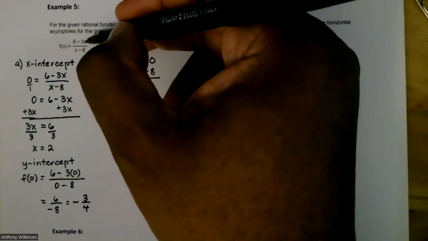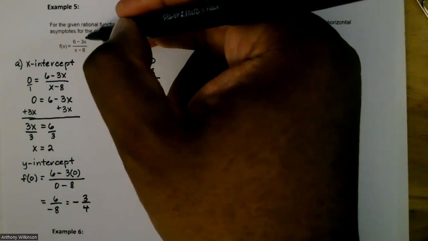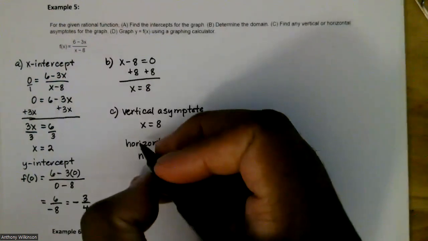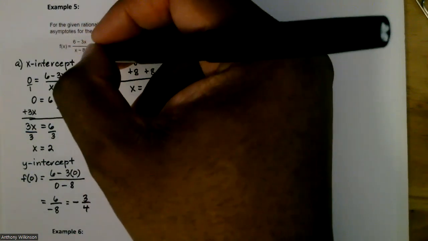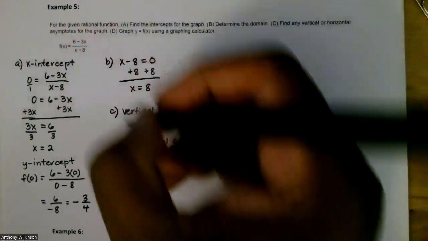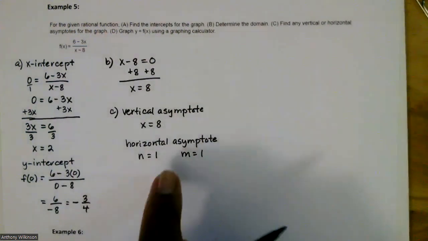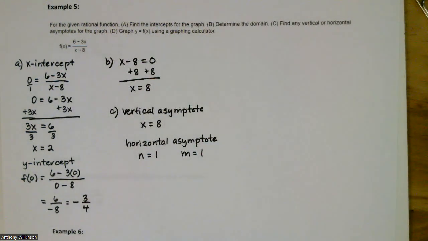The highest exponent in the numerator, here's the x, the highest exponent there is a 1. In the denominator, x minus 8, the highest exponent for the x is a 1. Notice that n and m are the same. So that means I need to look at the leading coefficients in the numerator and the denominator.